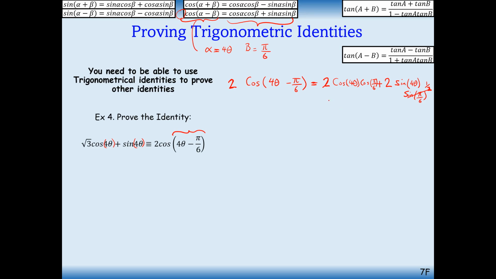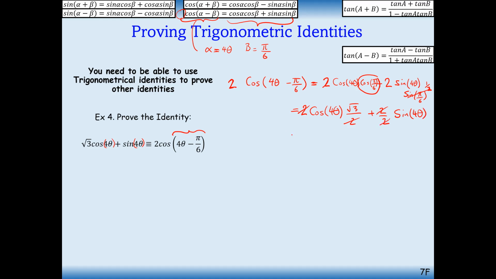Yes. So we will have the right hand side equal to 2. I'm going to leave cos 4 theta alone as it is and evaluate cos of pi over 6 to be root 3 over 2. So this 2 and that 2 cancel away, and at the same time this 2 will cancel away with the half at the end of that term there on the top.